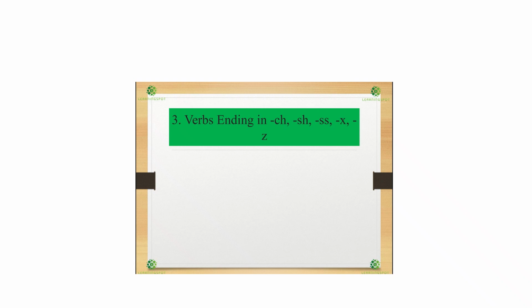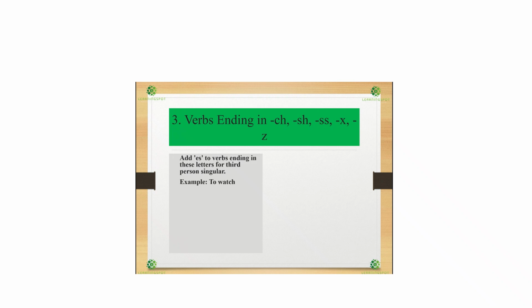So how can we now conjugate these verbs ending in these letters? We also have to add es to these letters when we reach the third person singular. And that implies that on I, you, we, you, they, there is no change on the verb.